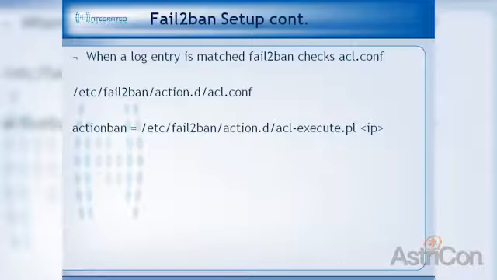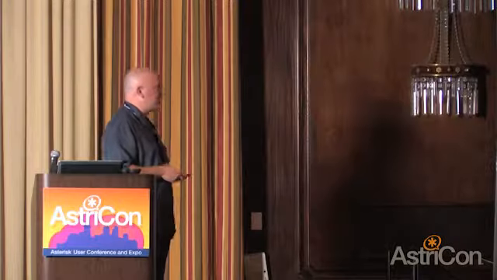Okay, so when a log entry is matched in fail2ban, we're going to call this file in the action.d directory. It's called ACL, which we called in the other configuration file. We're going to act on it. What are we going to do? The action ban to ban it. Now you can also have an action to unban, so you can dynamically add and take out ACLs as needed.